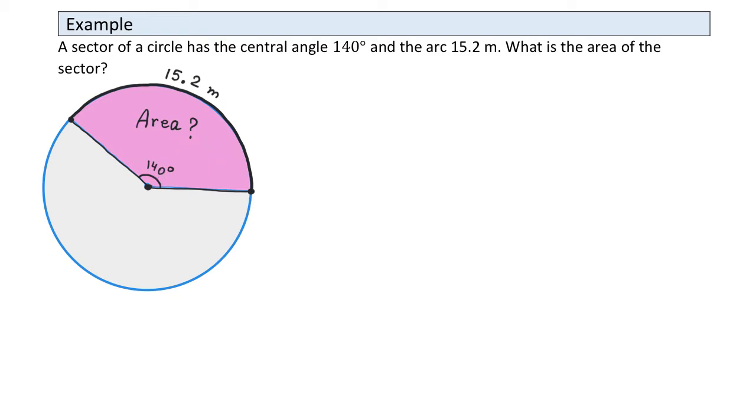We know that the formula for the area of a sector is A equals 1 over 2 theta r squared. To be able to find the area, we need to know the angle in radians and the radius of this circle. We are given angle theta, but this angle is in degrees, so we will start by converting 140 degrees to radians.